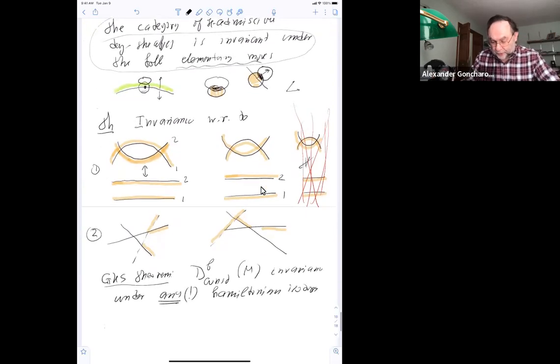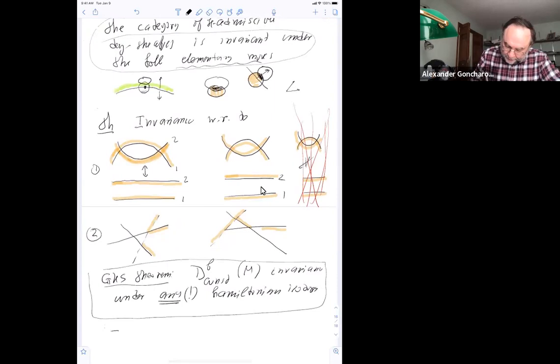But this is not what we're talking about here. This is a great theorem and of course an inspiration, but it is not applicable in this situation.